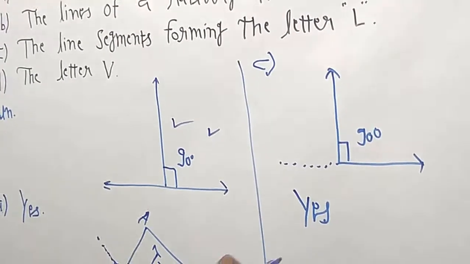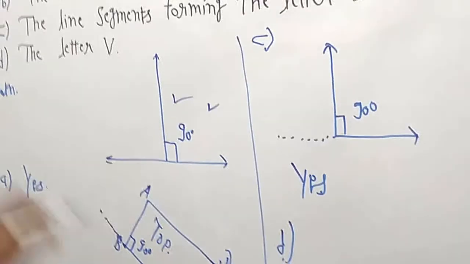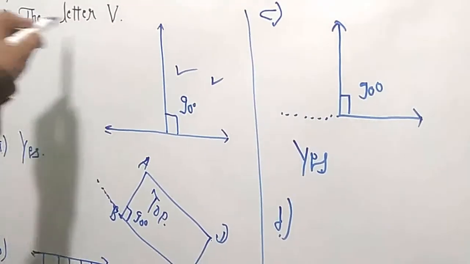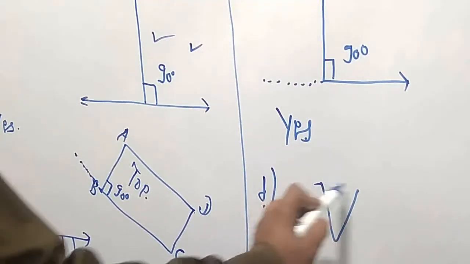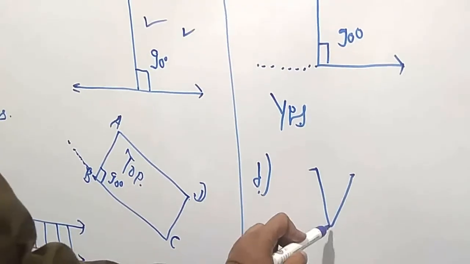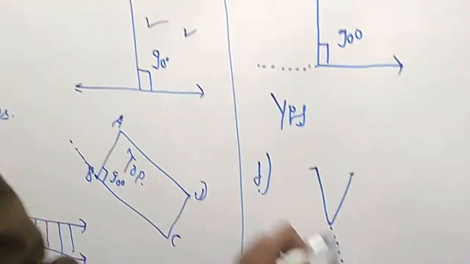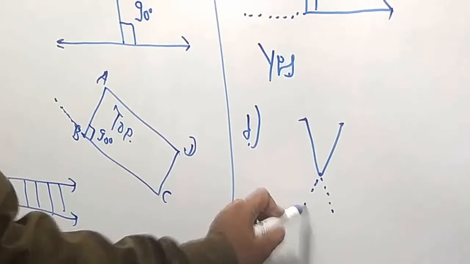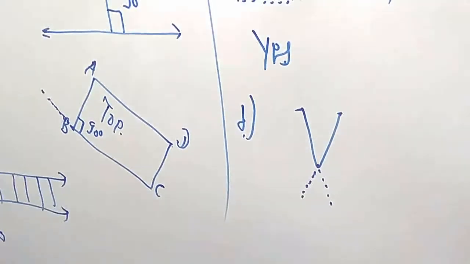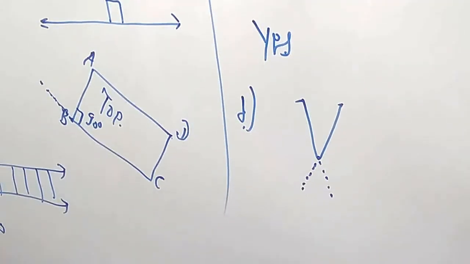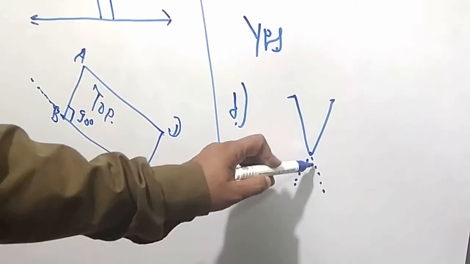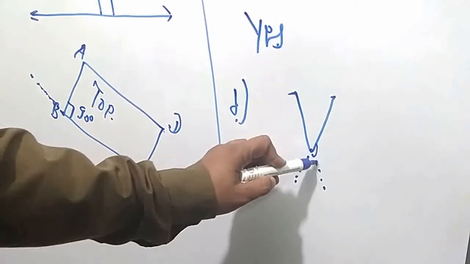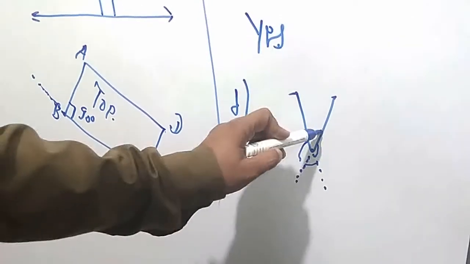And now part D, the letter V. Suppose this is the letter V, and suppose we extend this and this one also. It means they intersect each other at this point. They are intersecting each other, but the angle is not 90 degrees, not here, not here, not here.